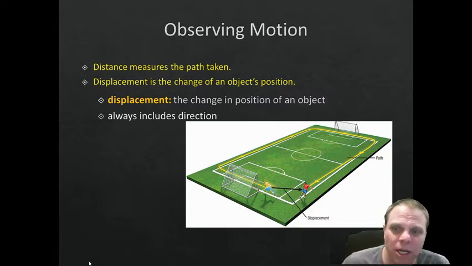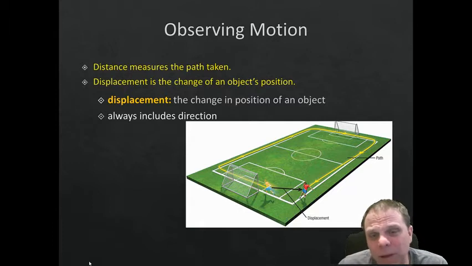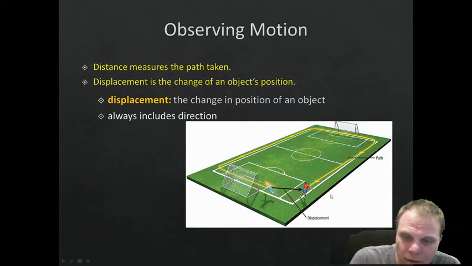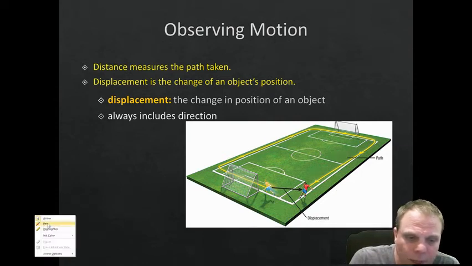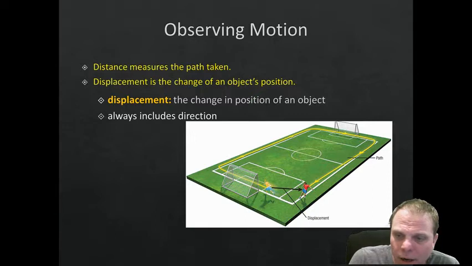So displacement is the change in the position of an object. Remember, the displacement always includes direction. So if you'll take note of the arrow here, the fact that it has an arrowhead pointing in a particular direction is important, okay?